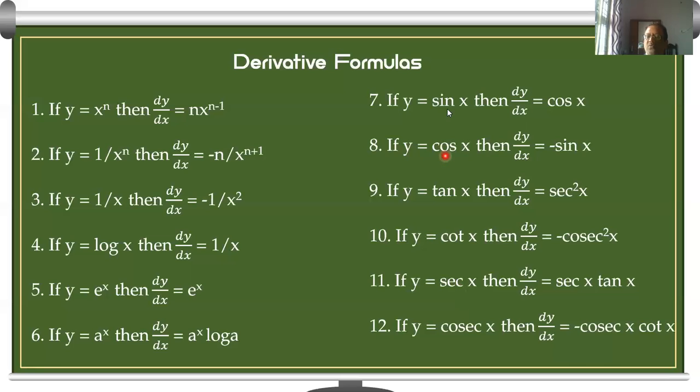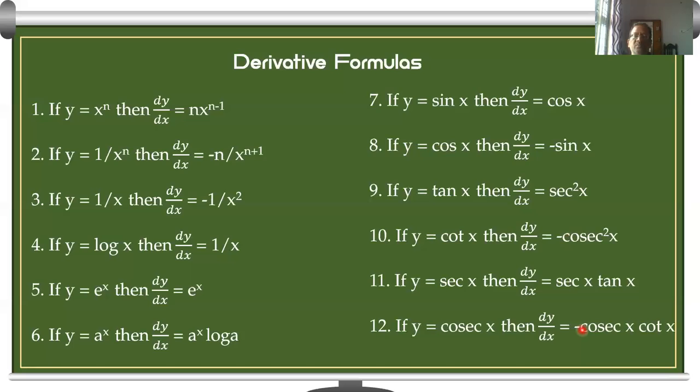Cos is a cofunction of sine, cot is a cofunction of tan, cosec is a cofunction of sec. These are the negative values. In a simple manner, if C appears, definitely check for minus. Minus for cos, cot, cosec.